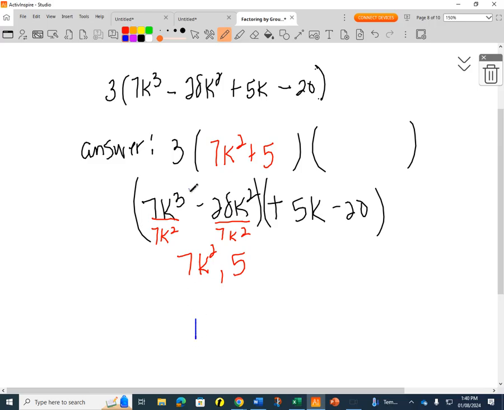K cubed divided by k squared is k. 1k is just k, right? That is the first term. It's minus, because this is minus here. That's 28 divided by 7, 4. What's k squared divided by k squared? Right, so that's just minus 4.